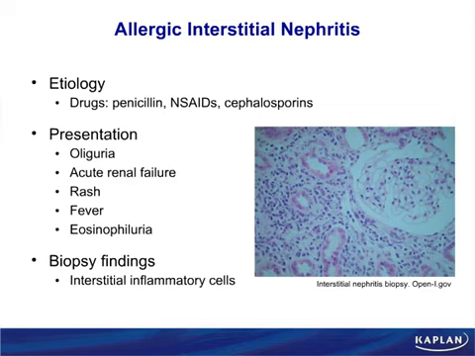Now, they usually recover when you stop the offending agent. On biopsy, you will see inflammatory cells in the interstitium. This is a disease of the interstitium. Usually, the tubules on biopsy will not be affected. So the tubules will be unaffected, but you will see inflammatory cells in the interstitium, and they will recover when you stop the offending agent.